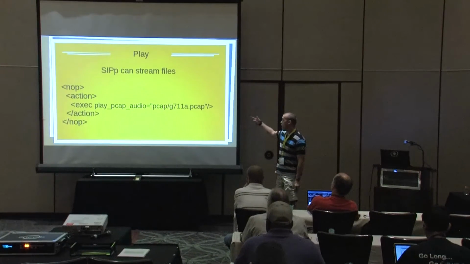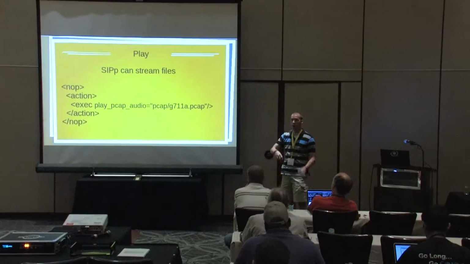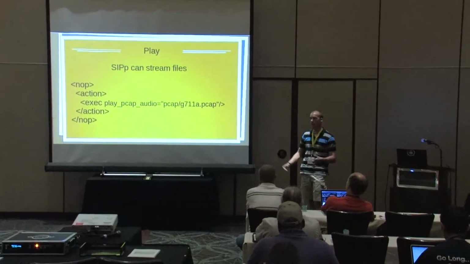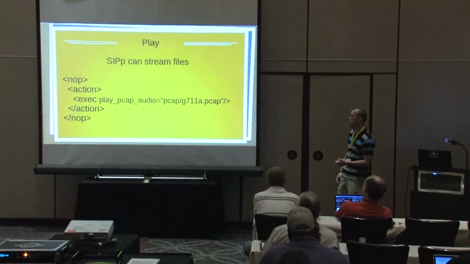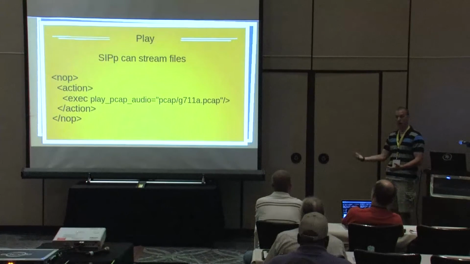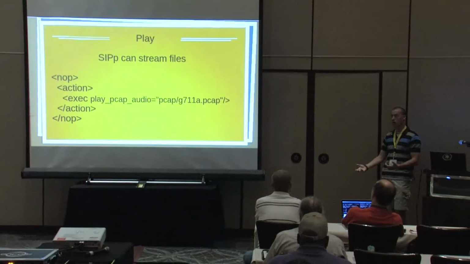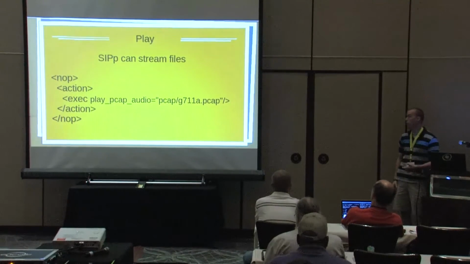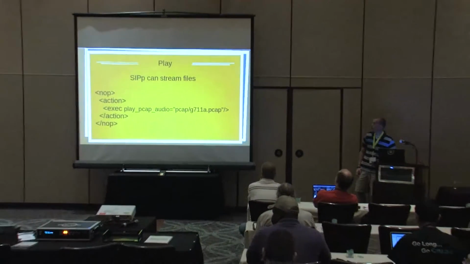In that PCAP you can have a specific tone, like a DTMF 2 or 3 or whatever, and you make sure that on your other side the Asterisk will maybe record and detect it's a DTMF 3 and do something with it.